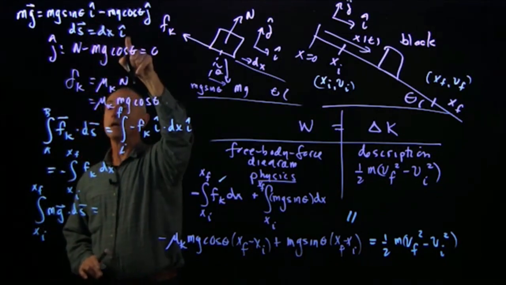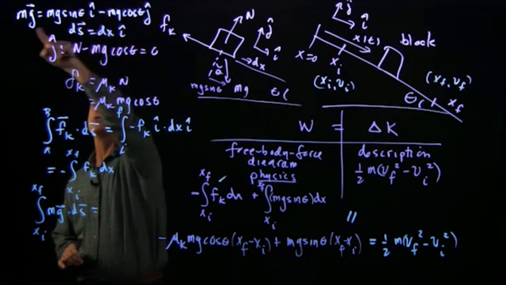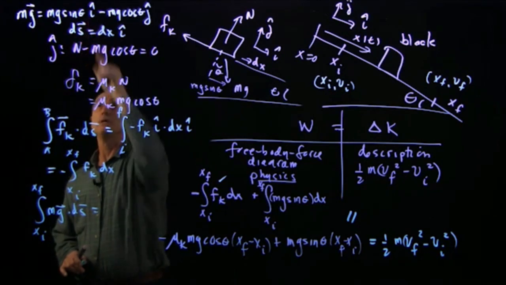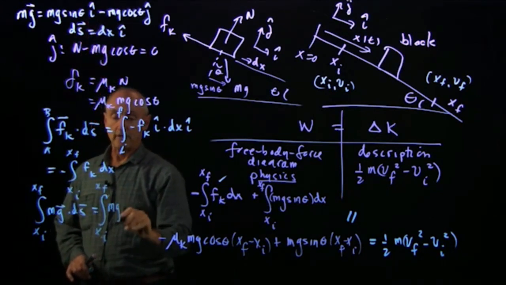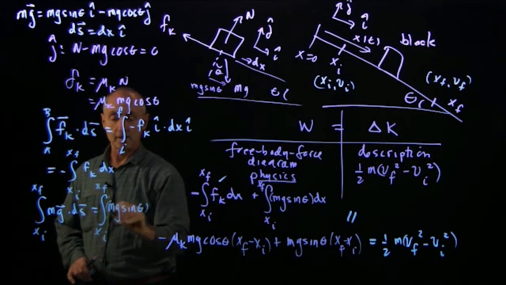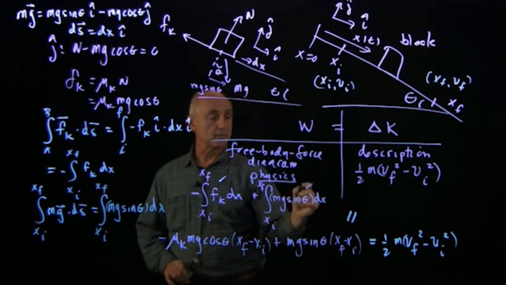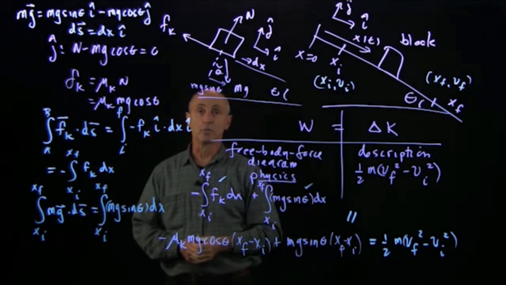But j hat dot i hat, they're perpendicular, so that's 0. So the only piece that survives in the scalar product, mg dot ds, is this piece. And so we get the integral from x initial to x final of mg sine theta times dx. And that's precisely our second piece here. So here's the simple application of the work-energy theorem.